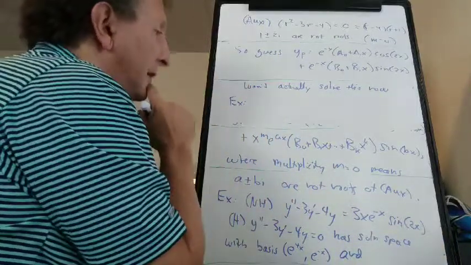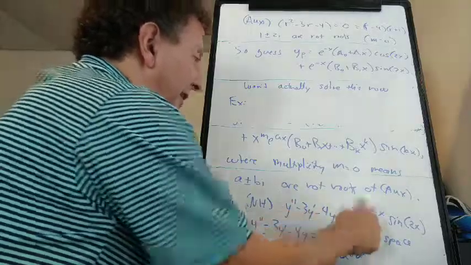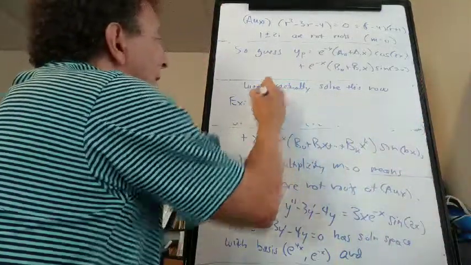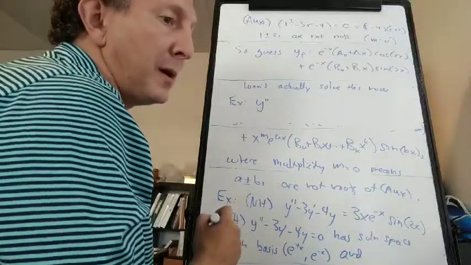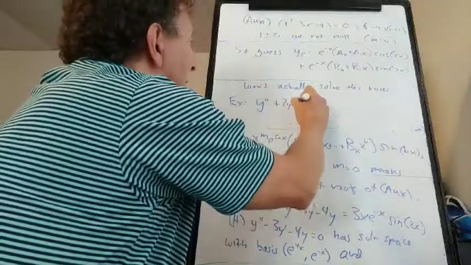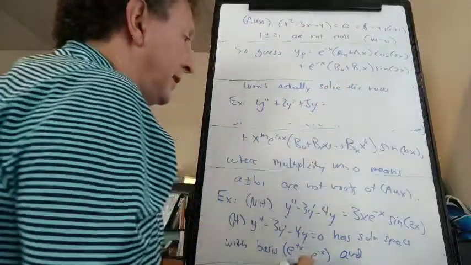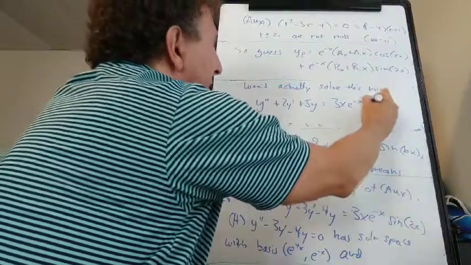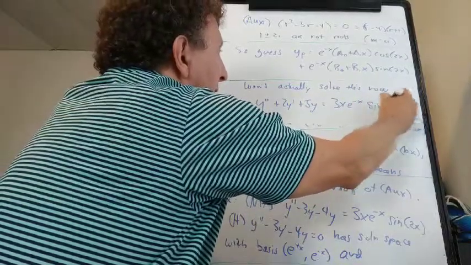Another example, I want to use a different left-hand side and the same right-hand side. So y double prime plus 2y prime plus 5y equals 3x e to the negative x sine 2x.